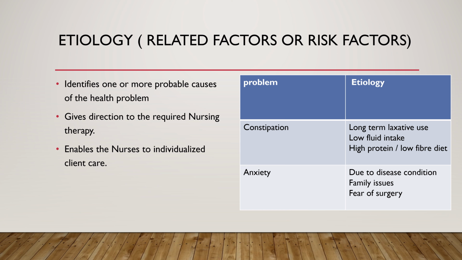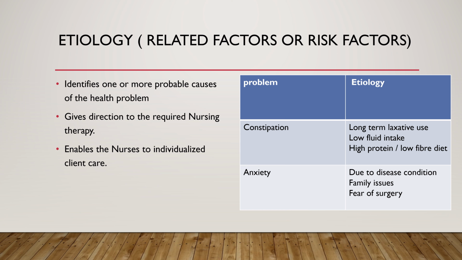So etiology, the second part of the nursing diagnosis, clarifies the cause of the problem, and after knowing the cause, the nurse is able to provide individualized client care. It helps her manage a patient accurately and appropriately, and gives direction to the required nursing therapy.